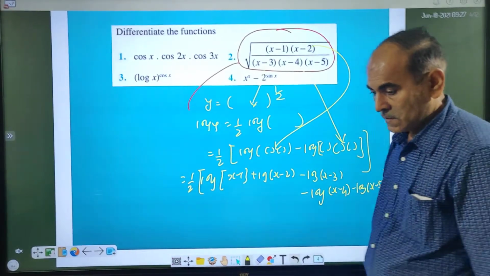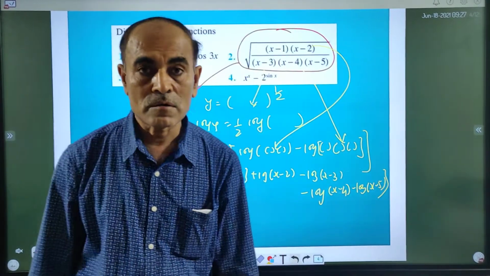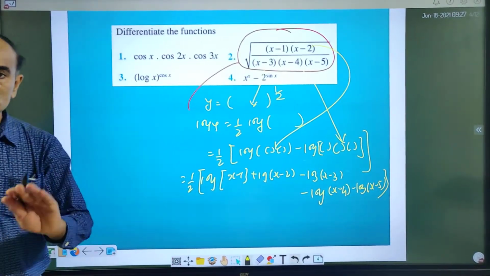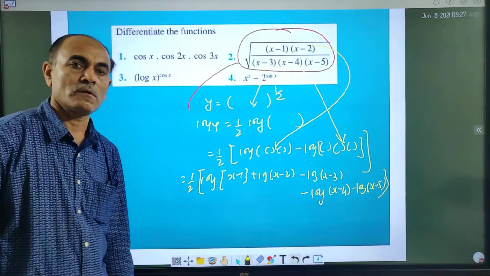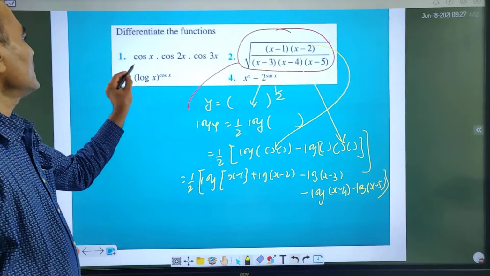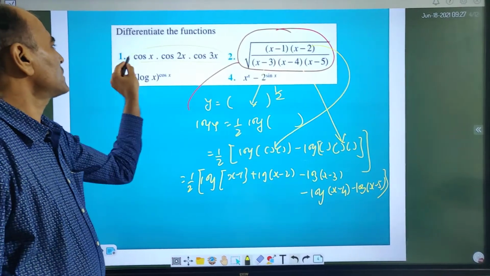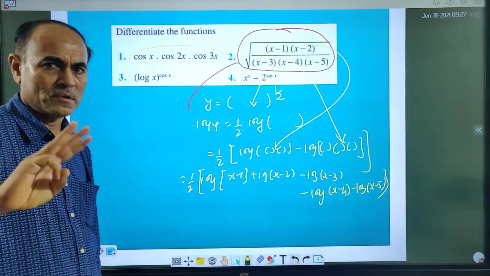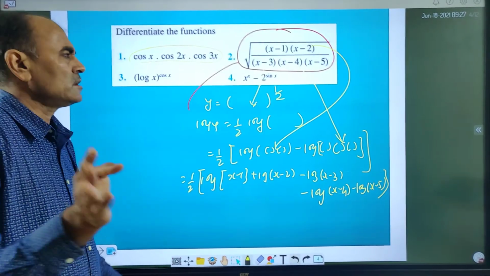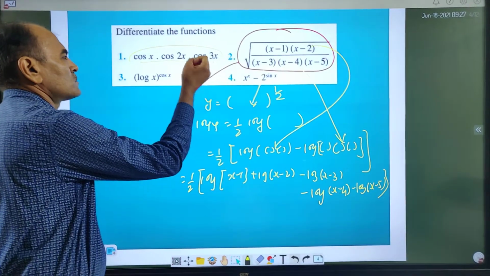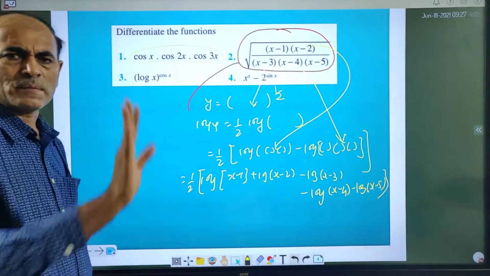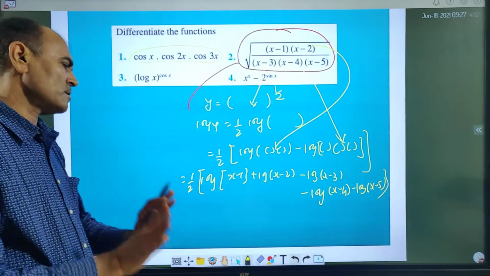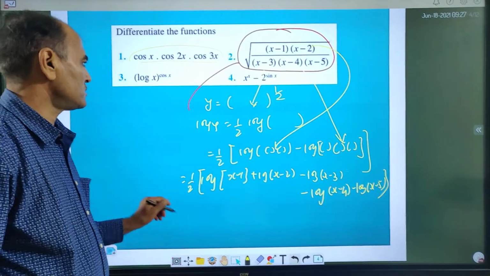See, whenever a product of more than 2 functions is given, it is very easy to differentiate if we take log on both sides. Here cos functions are given, that means a combination of sine and cos in any form: 2 sine, 1 cos, 2 sine, whatever may be given to us. Just take log on both sides and differentiate it.